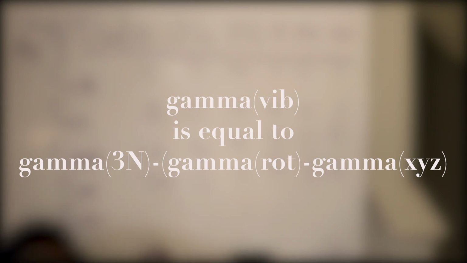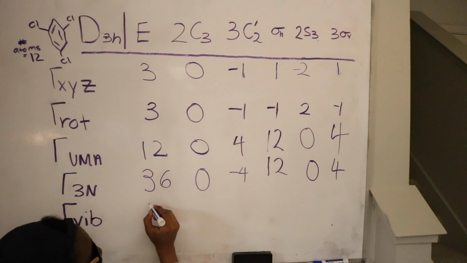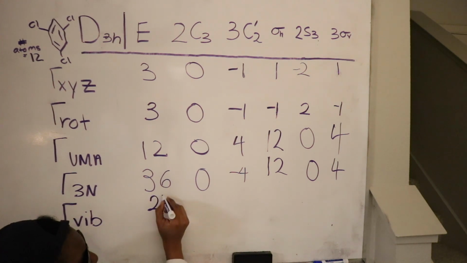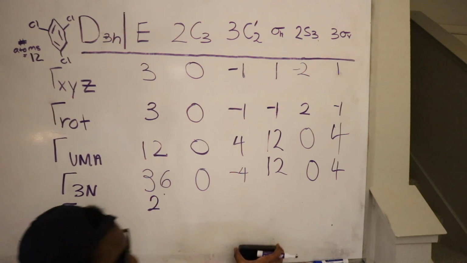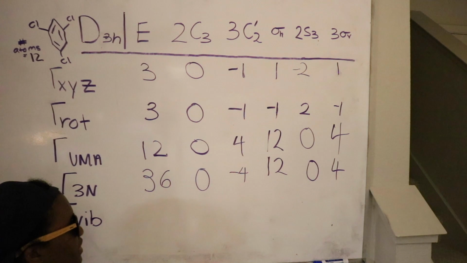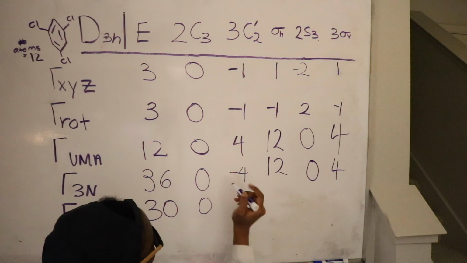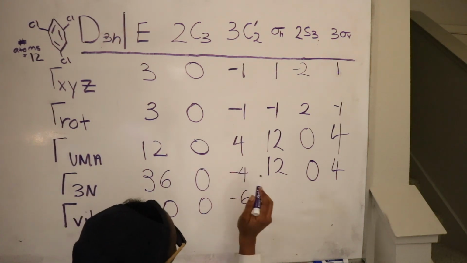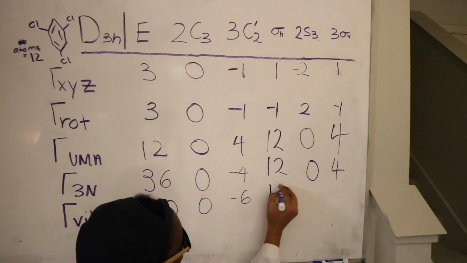it's gamma 3N minus gamma rotation minus gamma XYZ. So it will be 36 minus 3 minus 3, which is 30. For C3, 0. Then -4 minus -1 minus -1 gives -6. For sigma H, 12 minus 1 minus -1 is 12.